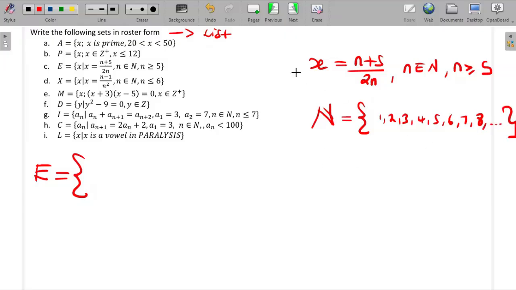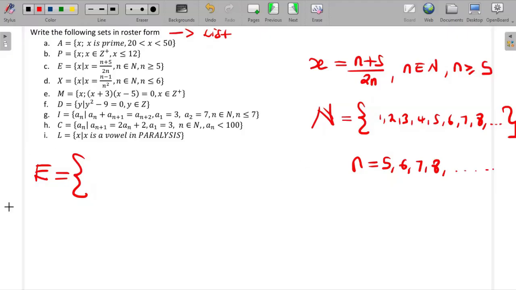So here we've been told that x is equal to this particular formula. The n is a natural number and the n is greater than or equal to 5. Meaning the values of n that I'll start picking should start at 5, 6, 7, 8, just like that, because here they said n is greater than or equal to 5, meaning 5 or something more than 5.